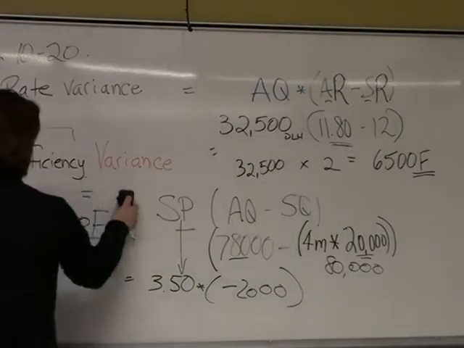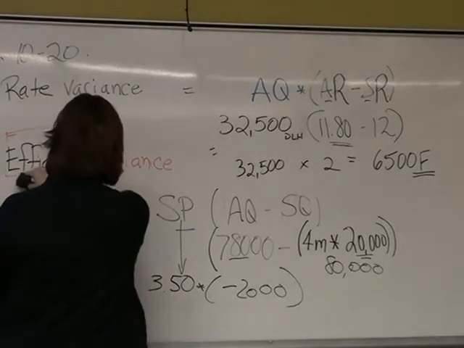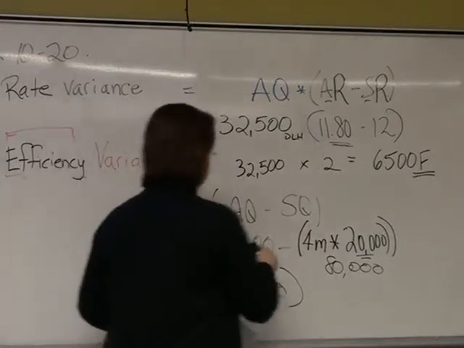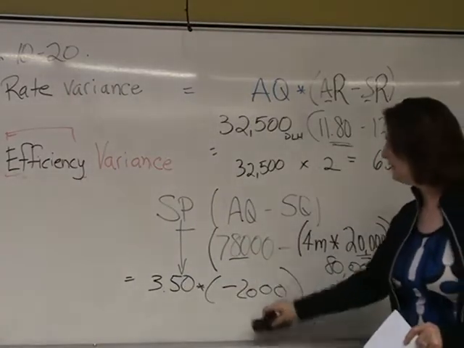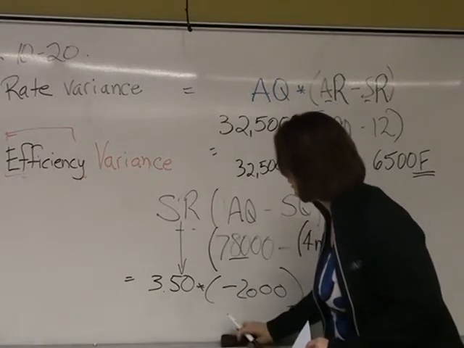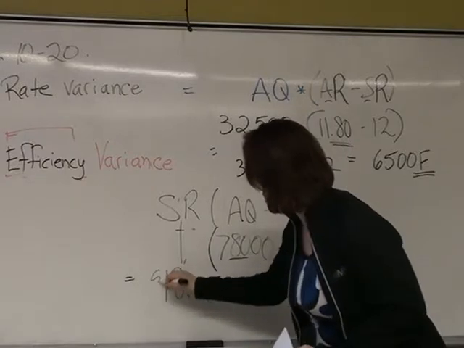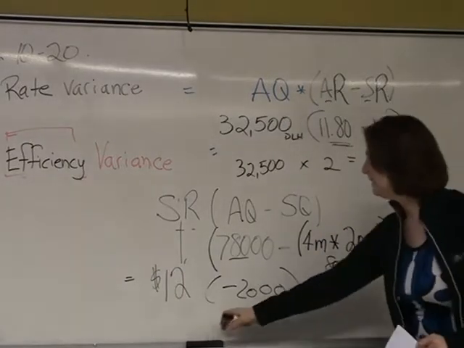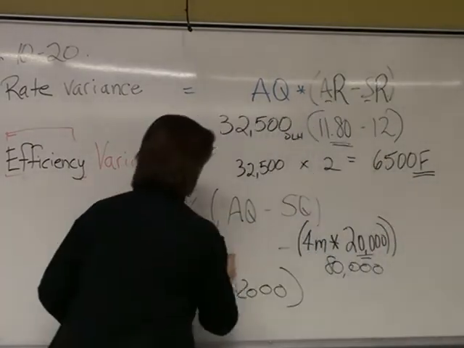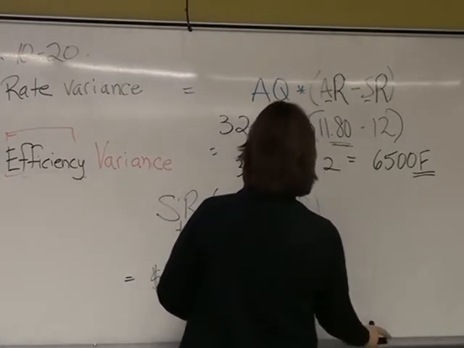Okay, so then for the direct labor efficiency variance, this is still the same, except instead of price, it says rate. So I know my standard rate is $12, right, for labor. Now the actual quantity that I used for labor, I think they told us was 32.5, right?